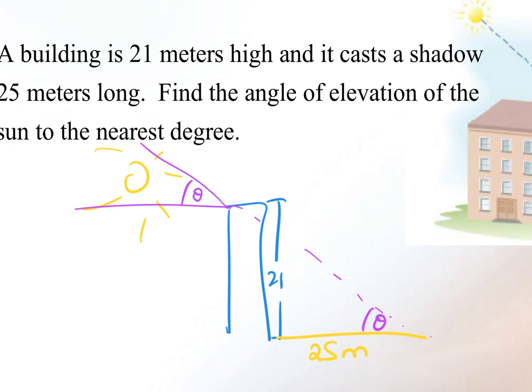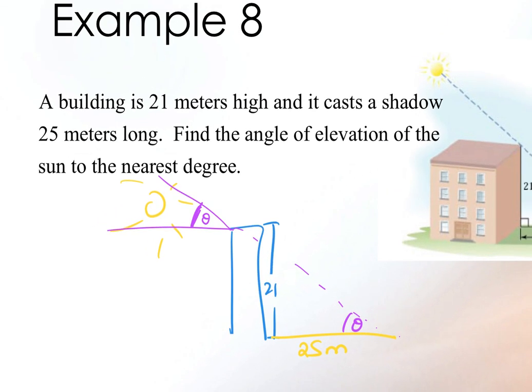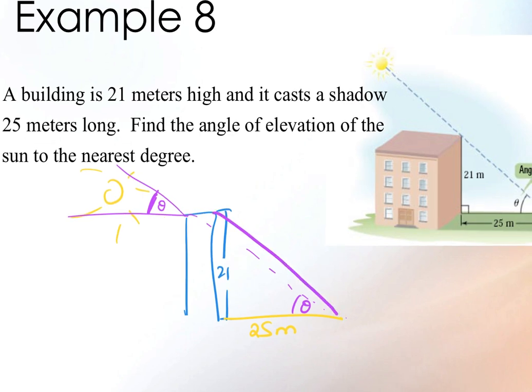If these are your parallel lines and this is your transversal, they're called corresponding angles, so they would both have the same value. You could put the angle up here and then move it, or just know angle of elevation of the sun goes ground up. That will always happen. So then this is the angle you're trying to find, that theta.